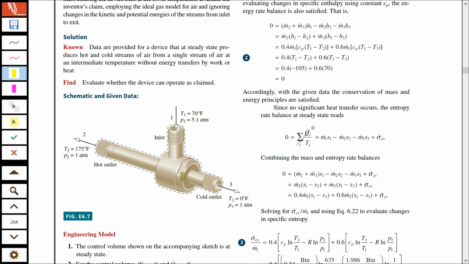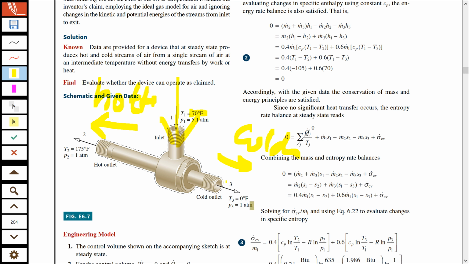What he claims is that he has a stream at some intermediate temperature, 70. So he says, give me a stream at 70 degrees Fahrenheit at that pressure, and I can turn this into two streams. One will be hotter than that, and one will be colder than that.